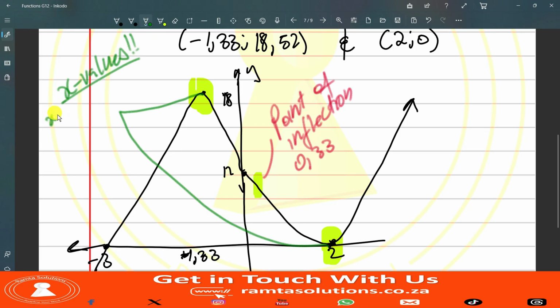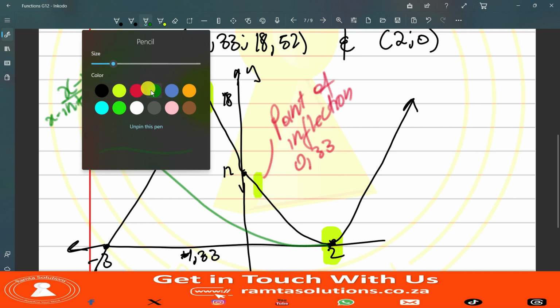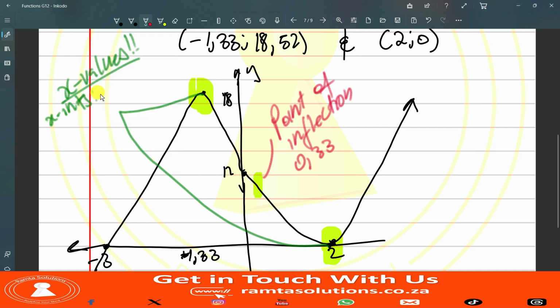They are x-intercepts of what? They are x-intercepts of the quadratic.